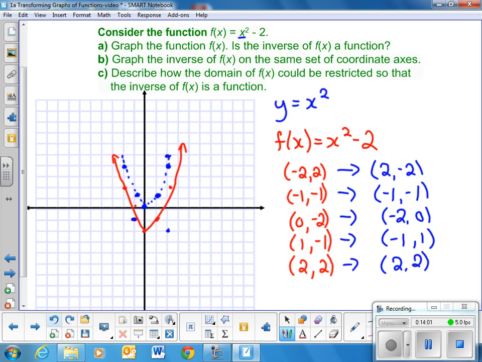There we are. -2 and 0. -1 and 1. I'm going to clean that up a little bit. I apologize. There we are. -1 and 1. And 2, 2. And so our inverse function becomes a graph like this.